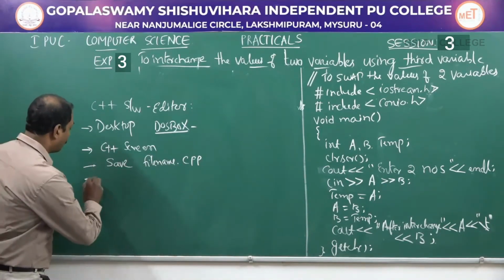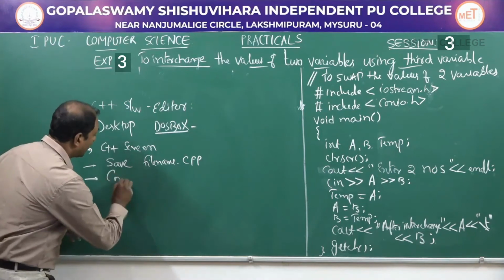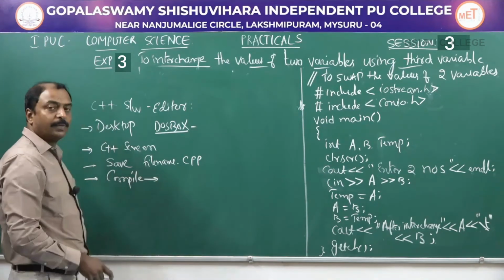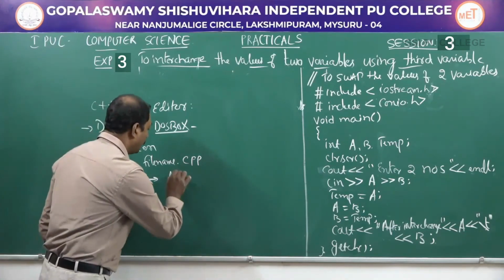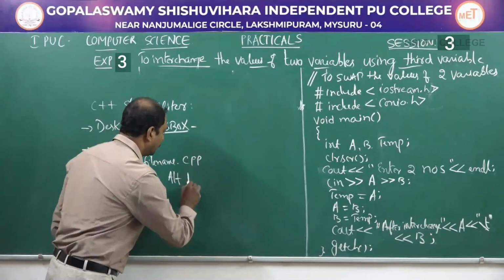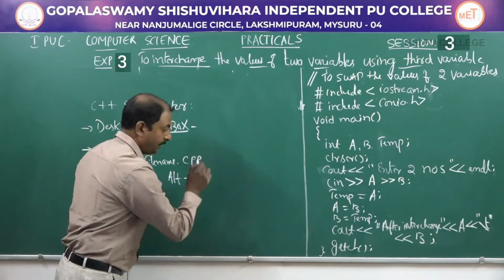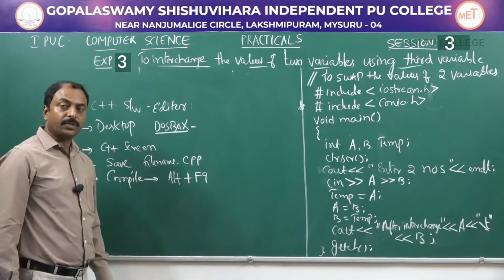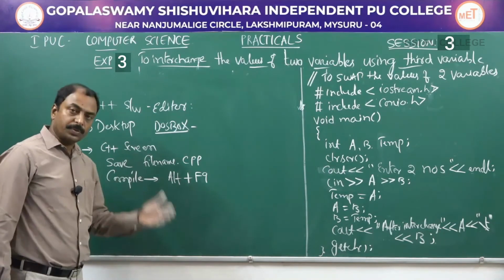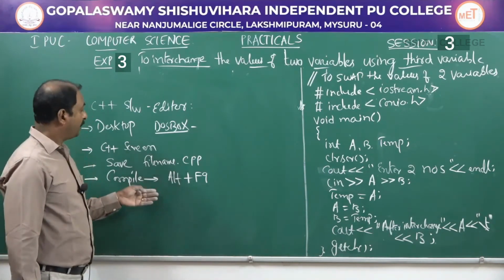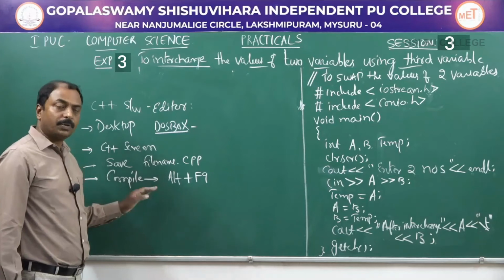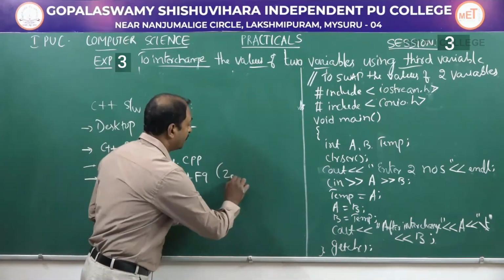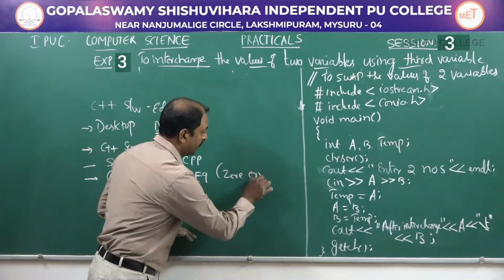Next, after saving, you have to compile the program. We compile the program by using Alt plus F9. Once you compile the program, it displays errors, if any, in your program. Then you have to correct those mistakes and compile again. You have to keep on compiling as long as you are getting errors, until you get 0 errors in your program.